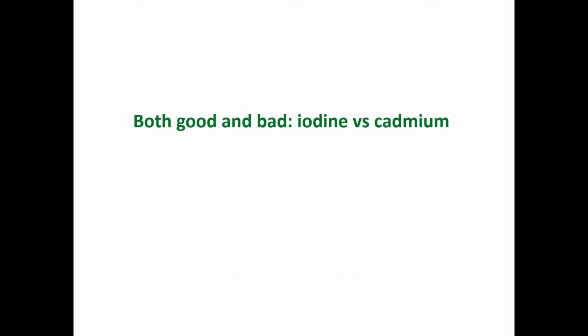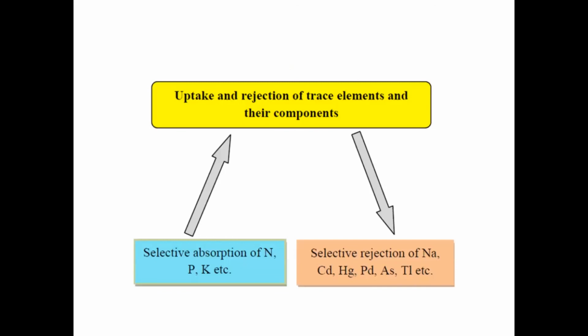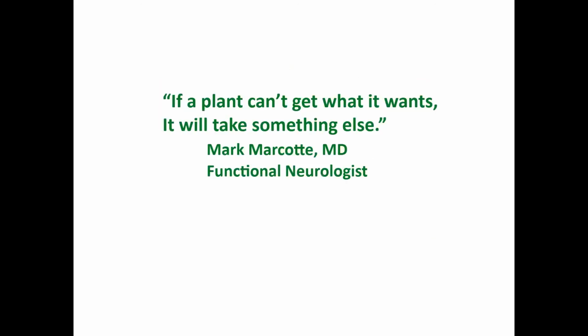They have iodine, which is good, and they also have cadmium, which is bad. Fortunately, plants are able to perform selective absorption of the nutrients they need and selective rejection of the nutrients that they don't need. So the plants kind of protect us.